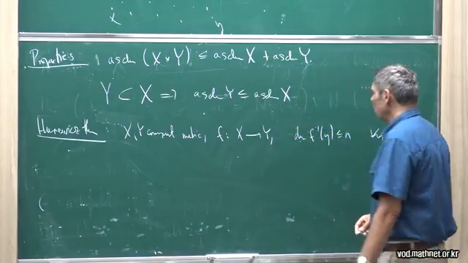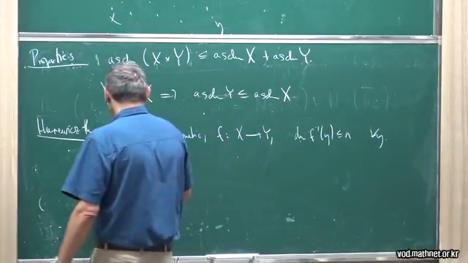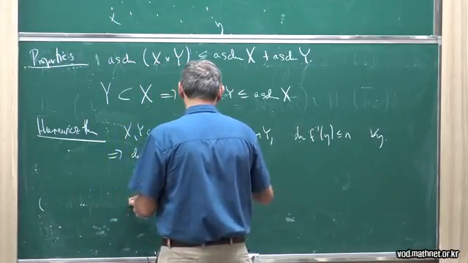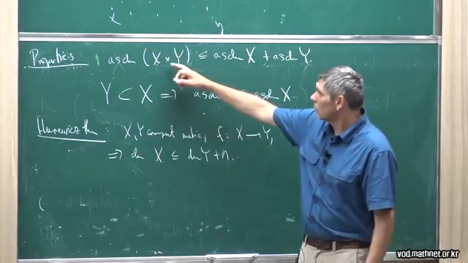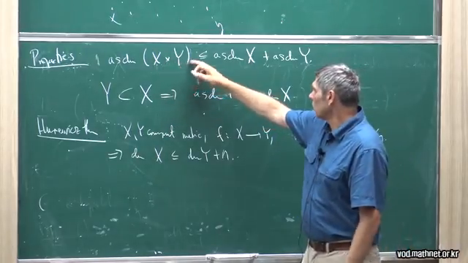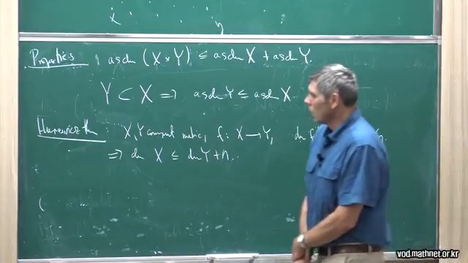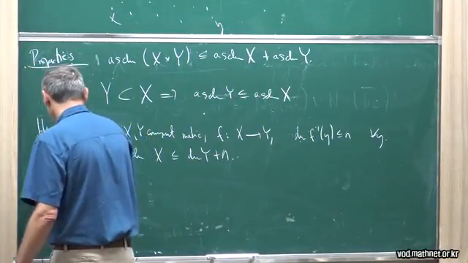So the point inverses have dimension bounded by n. Then the dimension of X is less than or equal to the dimension of Y plus n. So that somehow generalizes the product theorem, because you could map the product to one of the factors, and this would imply it. Well, there's a large-scale version due to Bell and Dranishnikov.